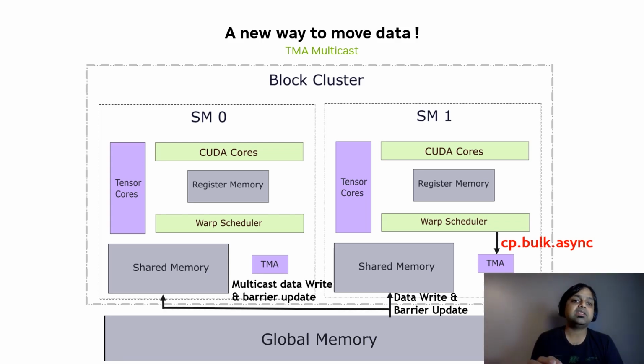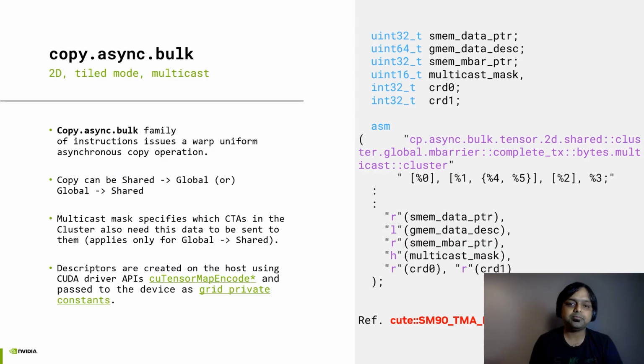Now, depending on the specific copy operations issued, it is possible to also multicast this exact same loaded data to the shared memory of another SM in the same thread block cluster, and also update its transaction barrier at the same offset. As to who all the participants in this multicasting operation are, it's specified to TMA in the form of a multicast mask.